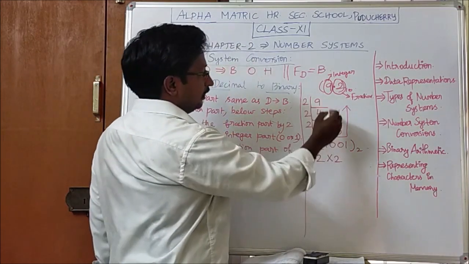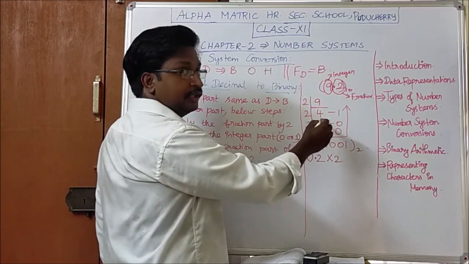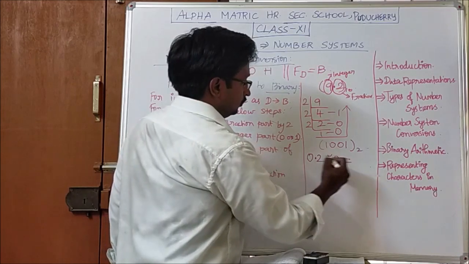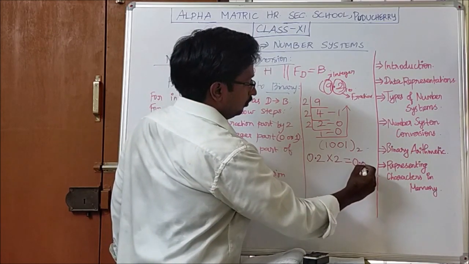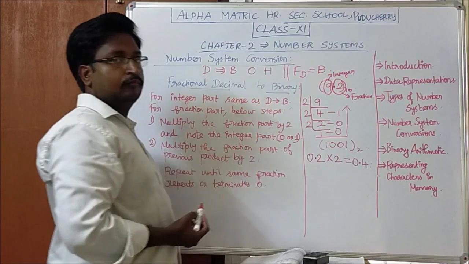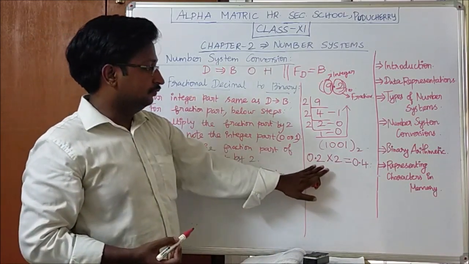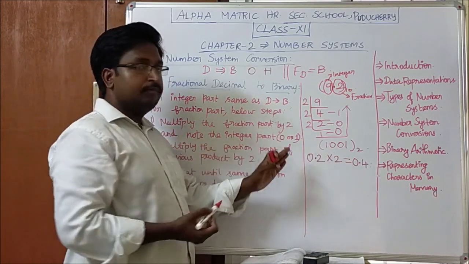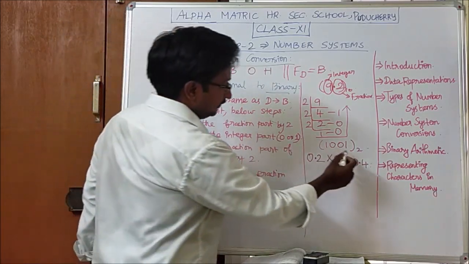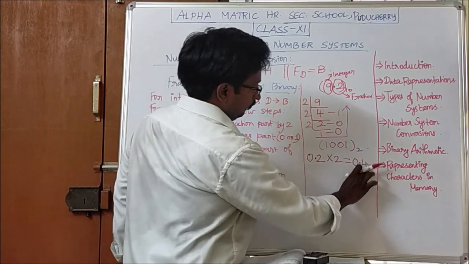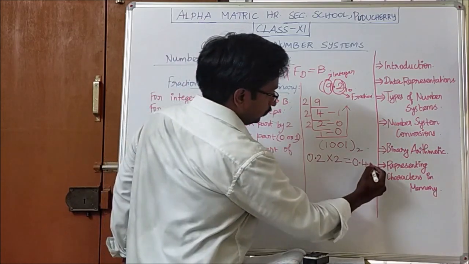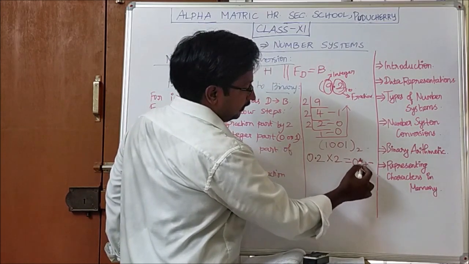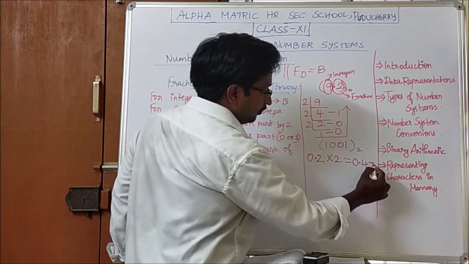Whereas in the integer part you repeatedly divide, here it is repeated multiplication. We just repeatedly multiply by 2. The answer is 0.4. You have to take the resultant integer part separately.